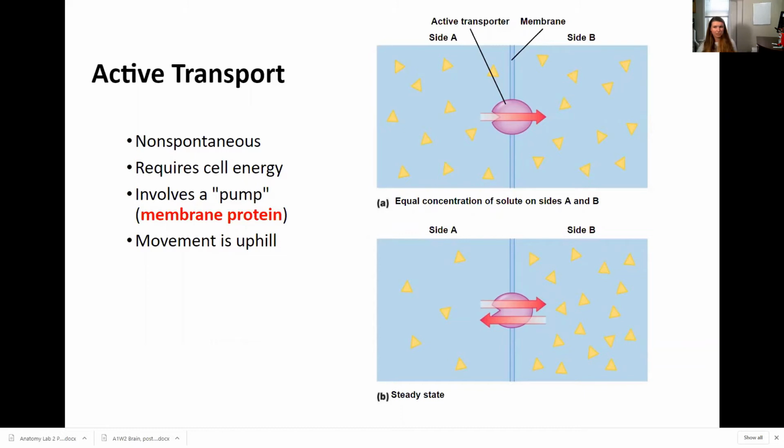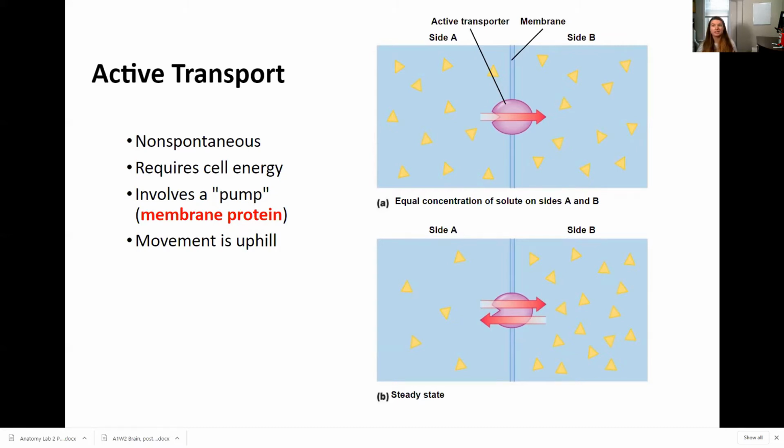So active transport is always moving in the opposite direction that that molecule wants to move on its own. This means that it's not spontaneous. This is not going to happen on its own. Our particles always, always, always move down their gradients, move with their force on net, without energy. They automatically spread out.